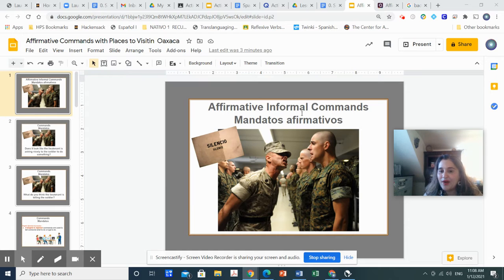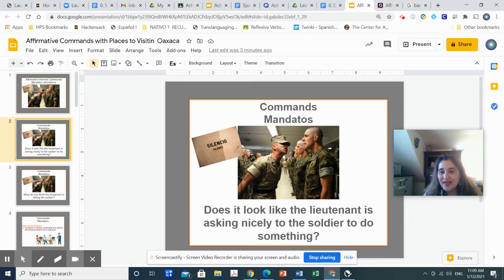When you think about the word commands and mandatos, I want you to remember this picture about the army, because in the army, they often use commands to talk to others. So, on this slide, we have the picture again. Commands, mandatos. Does it look like the lieutenant is asking nicely to the soldier to do something?